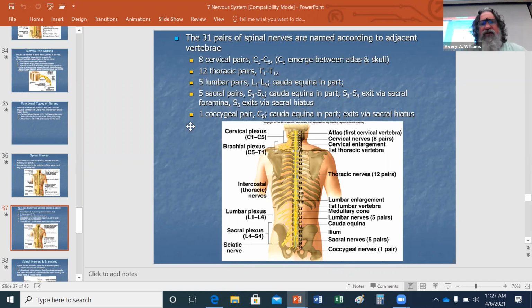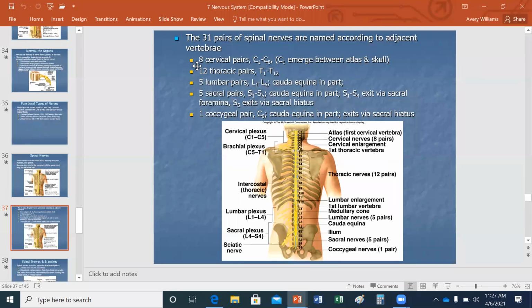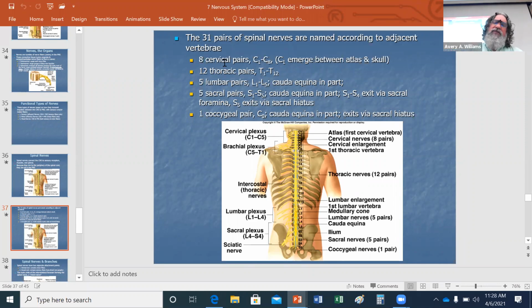They all pretty much follow suit with the numbers and so forth, except the cervical. Remember, you have 7 cervical vertebrae, but you have 8 cervical pairs of spinal nerves. So how does that occur? Well, gosh, it'd be nice if I could draw.